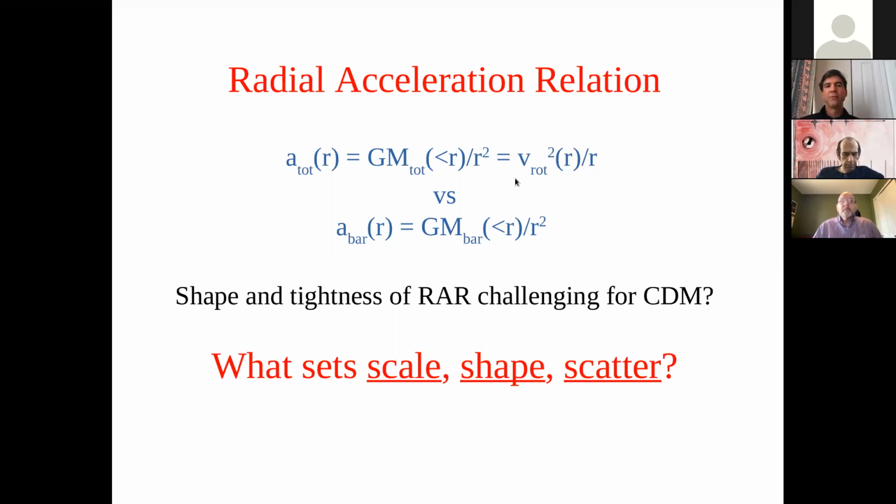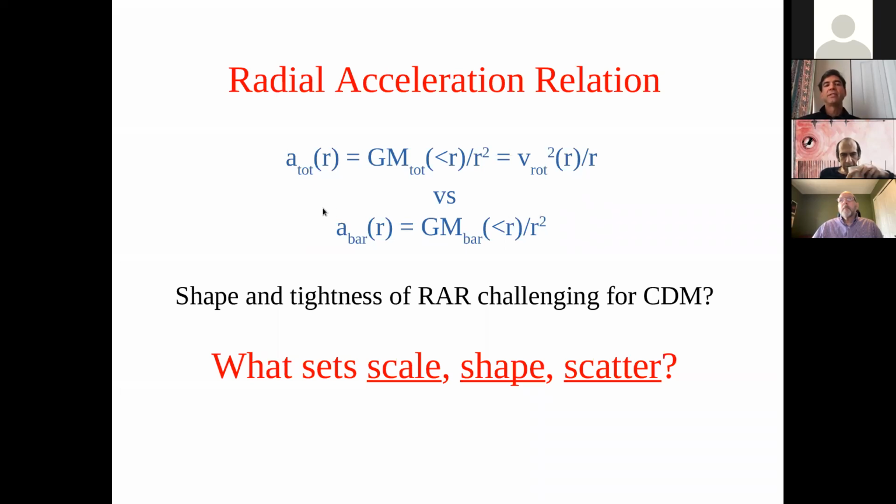This is called the radial acceleration relation when you plot what you observed versus what you expected based on some estimate of the baryonic mass. And the shape of this in data has often been used to say that it's a challenge for cold dark matter models.